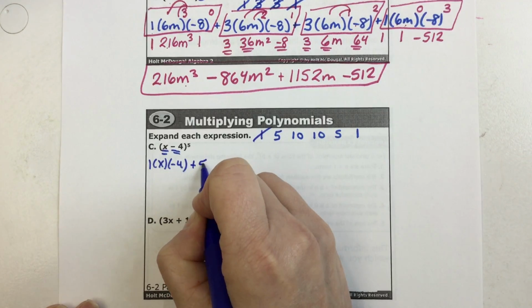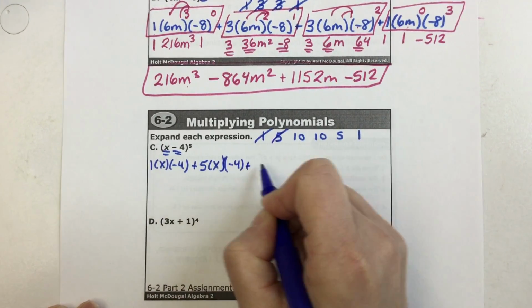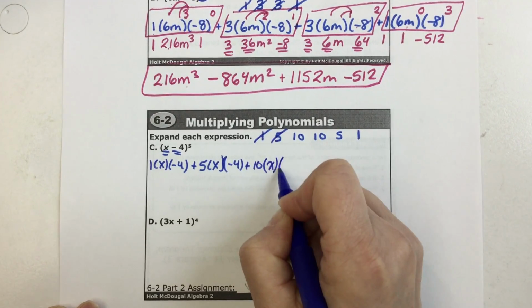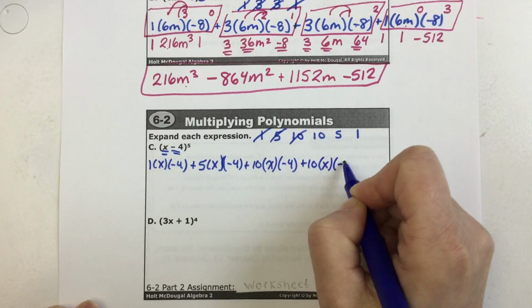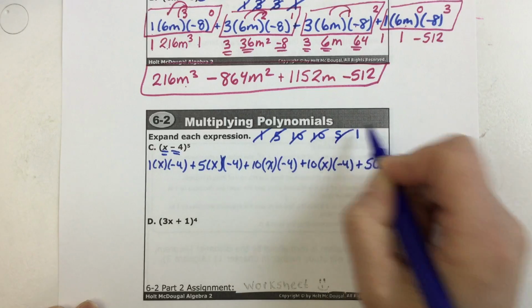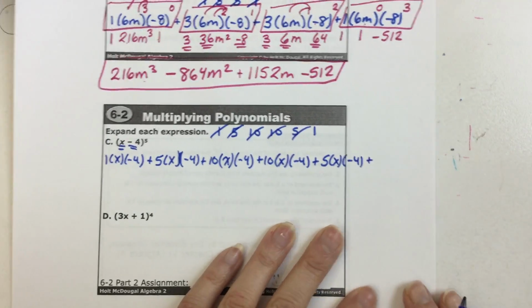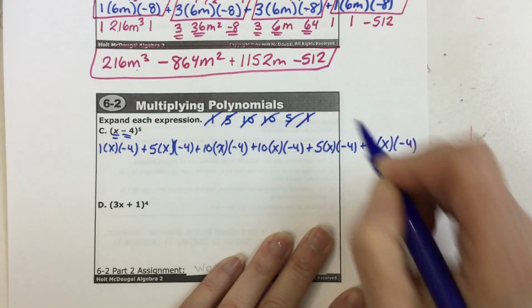Done. Plus 5, x, negative 4, plus 10, x, negative 4, plus 10, x, negative 4, plus 5, x, negative 4, plus, oh good, I was worried I was going to have to use a separate sheet of paper, 1, x, negative 4.